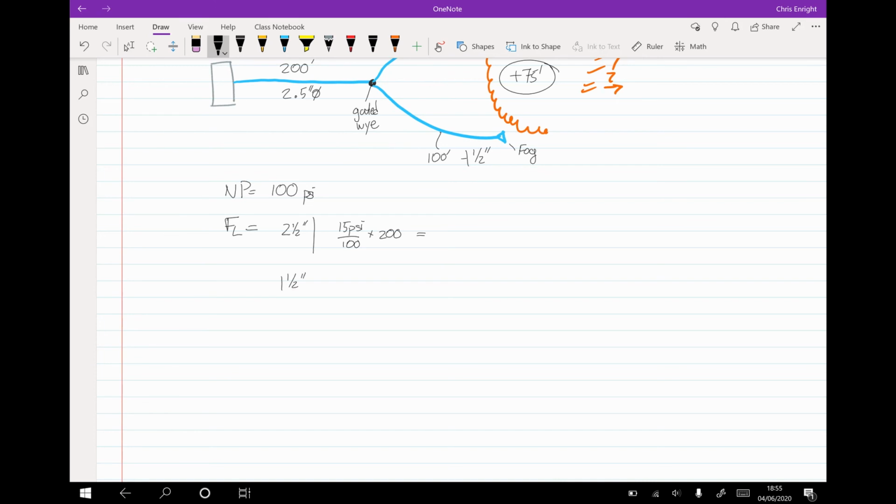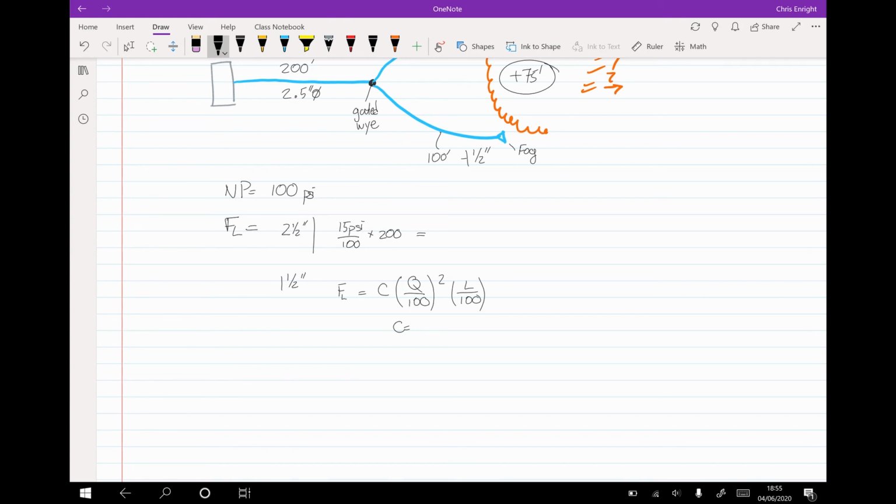We don't have an easy factor for the 1.5 inches because remember, no one likes to use 1.5 anymore. So we're going to use the equation. So C equal, or whoops, that's not right. That friction loss is equal to C times (Q over 100) squared times L over 100. C is equal for 1.5 inches.